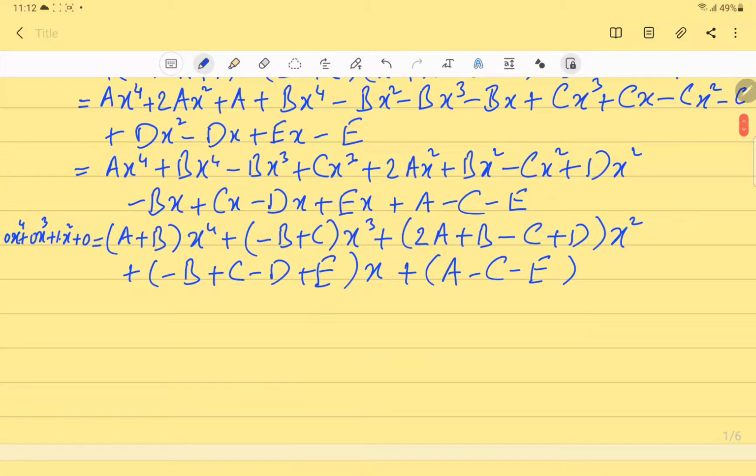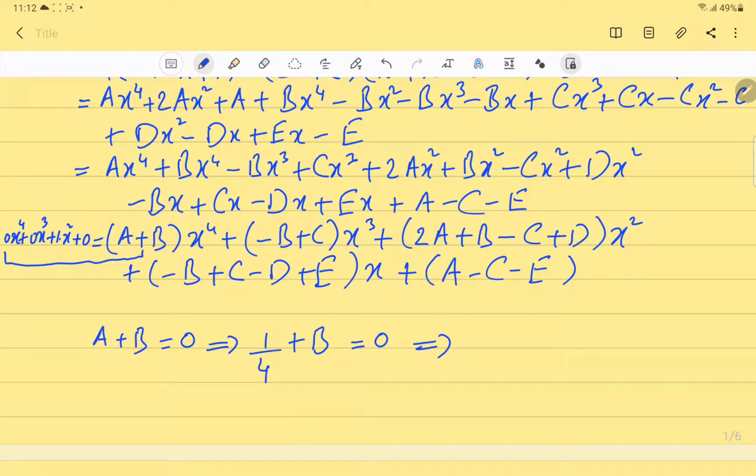Now we will compare the coefficients of x4, which are this one. So a plus b is equal to 0. We have already calculated the value of a, which is 1 over 4, which means b will come out to be minus 1 over 4.